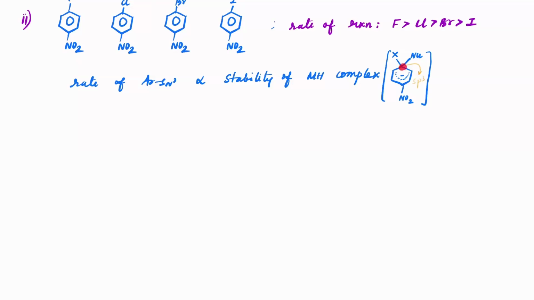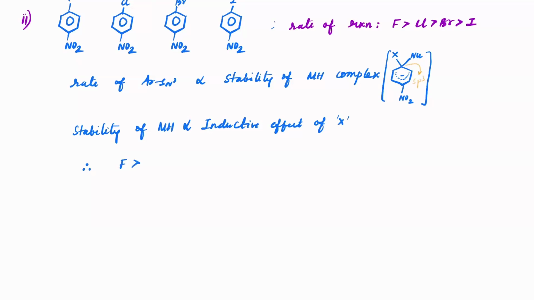So the stability of this Meisenheimer complex mainly depends upon the inductive effect of this X. Therefore, the stability of the MH complex is directly proportional to the inductive effect of halogen X. Therefore, fluoride will make it more stable.